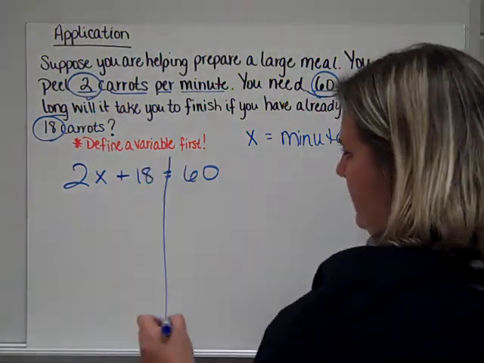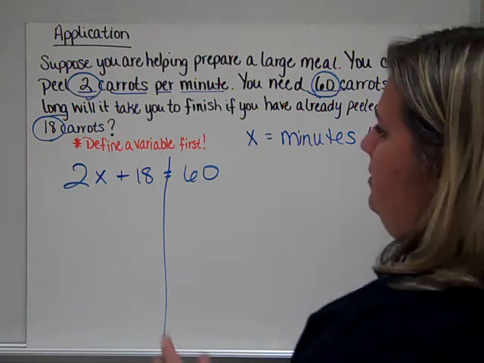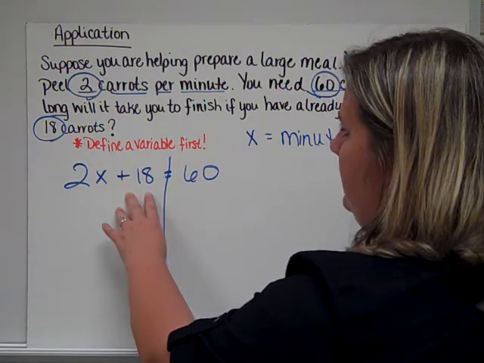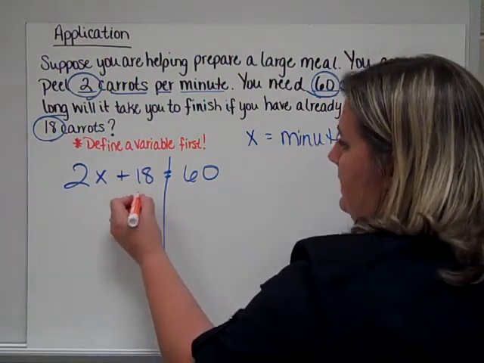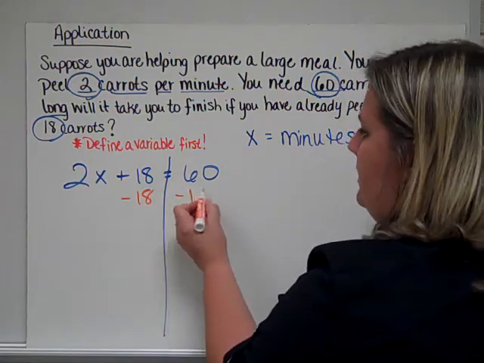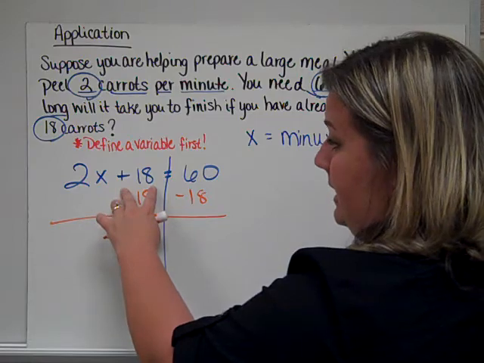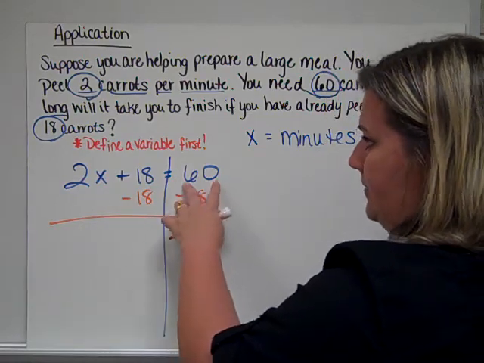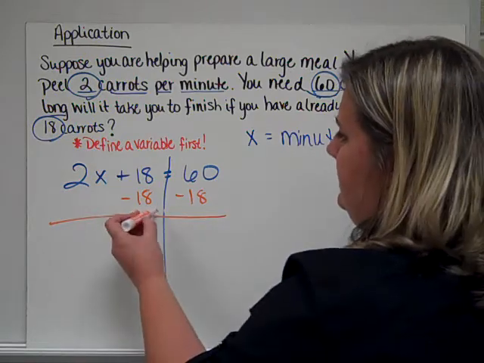All right, we're going to identify the river. So I'm taking what I have already peeled, and I'm going to subtract it from the total that I need. So 18 is what I've already done. I need 60, so it makes sense that I'm going to subtract 18 from both sides.